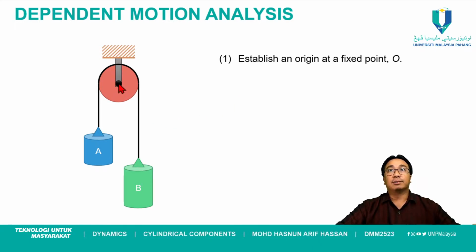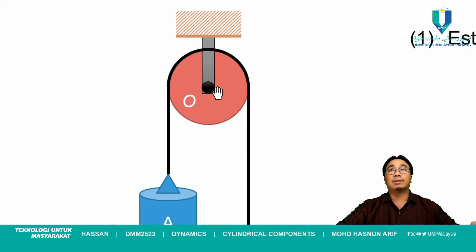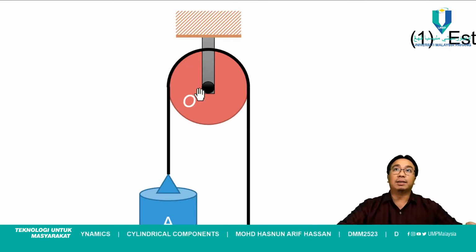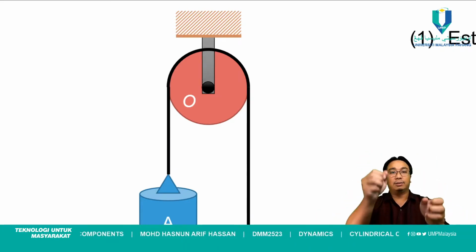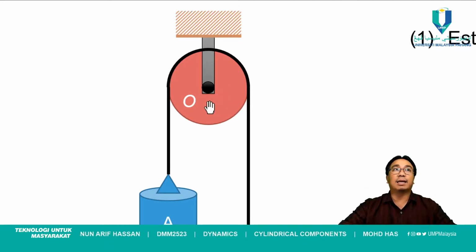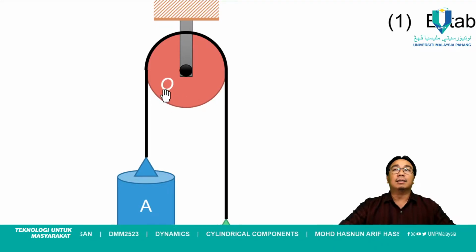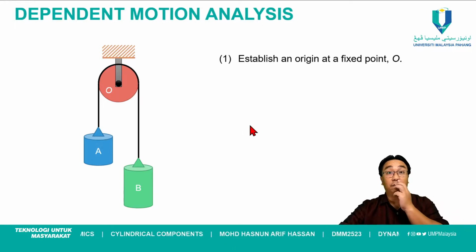This black dot, right? This black dot here is not moving. Okay, we can set this black dot here, the center of the pulley. Benda ni kita panggil pulley, so dia ada tali wrap around the pulley. So tali tu akan menggerakkan kita punya objek. So we can set the center of the pulley as the origin, O. So kita panggil origin kita sebagai O. So that will be the first step.